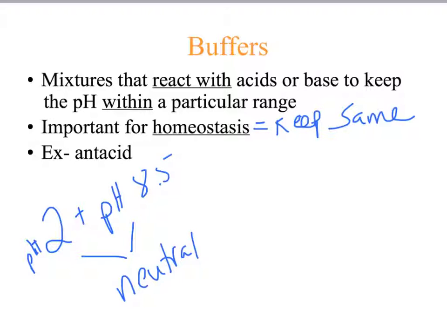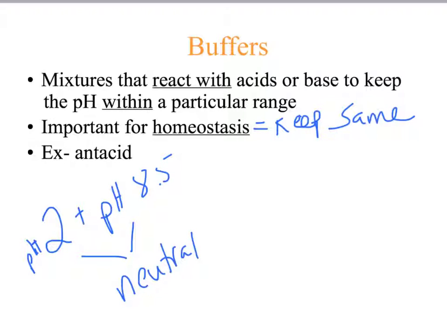And a good example of that is antacid. So remember, your stomach has a lot of acid in it, and when that leaks up into your esophagus, that's the tube that leads between your mouth and your stomach, you feel heartburn. That's just the acid reacting with the tissue in your esophagus, and it kind of hurts.